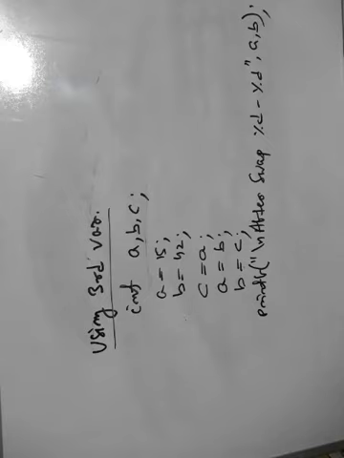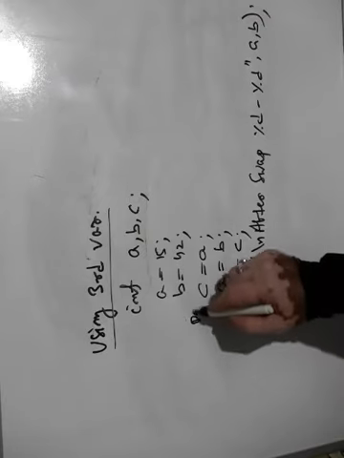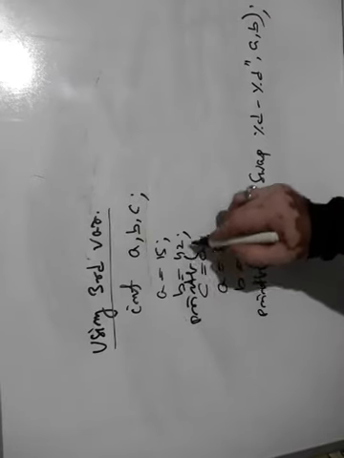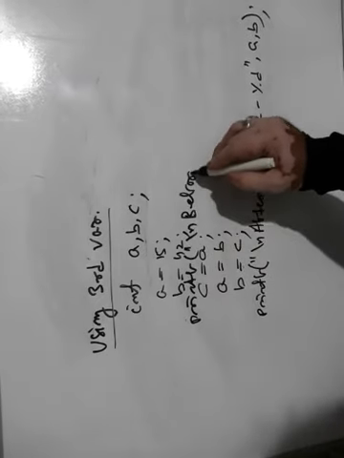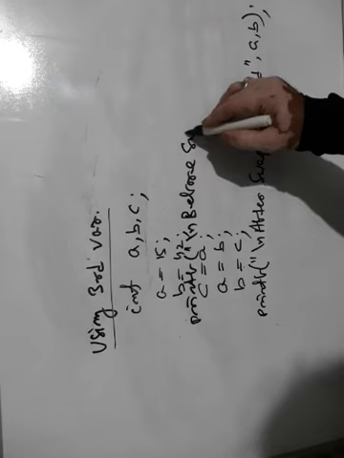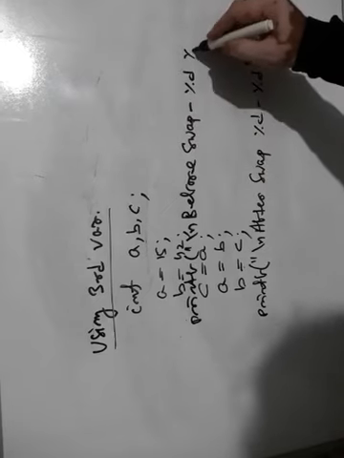Suppose, students, before starting the job, I want to make a printf statement here: printf \n before swap. Suppose I want to print what the values are before applying the swapping.